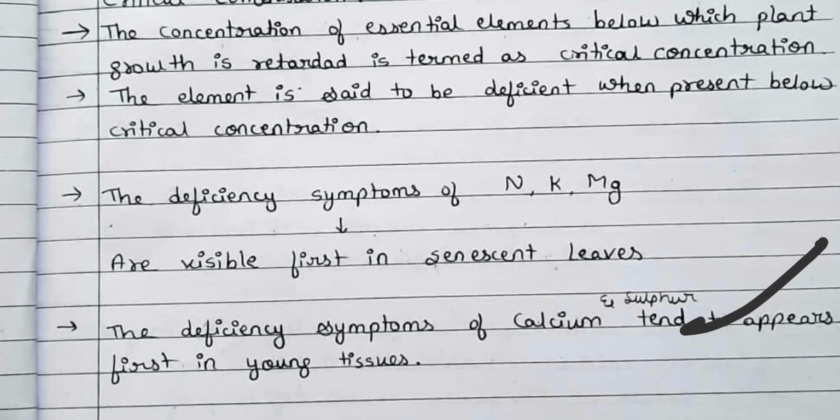Suppose one soil has very low calcium, another has very low magnesium. So it does not depend only on the soil solution; one more factor is responsible, which is the mobility of the element in a plant. Can you tell me which are the readily mobilized elements you learned in chapter number 1, which move from older leaves and older parts to the younger?